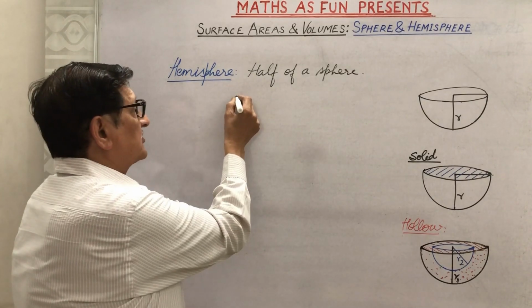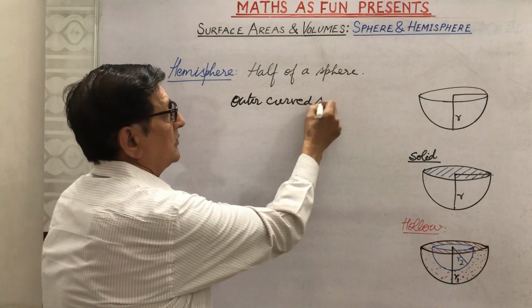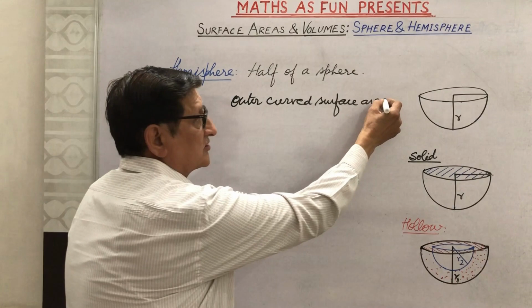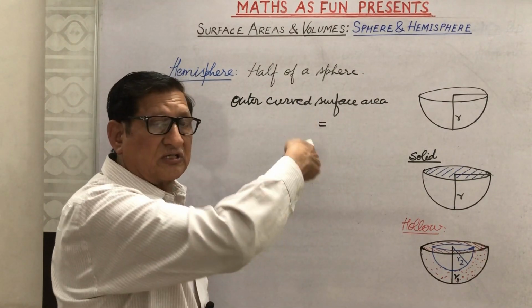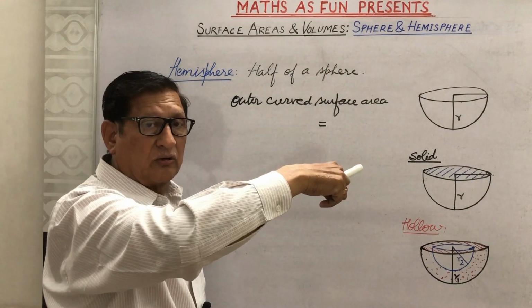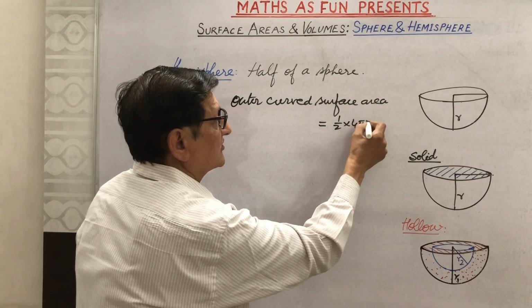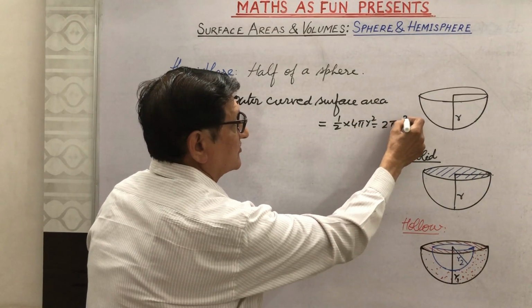The curved surface area of this will be half of the total surface area of the sphere, or not? So we can say this is half into 4 pi r square, or you can say 2 pi r square.